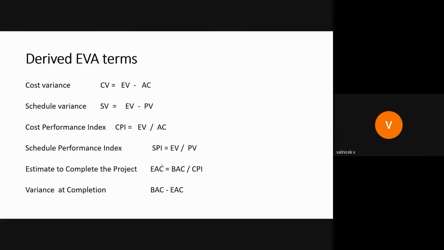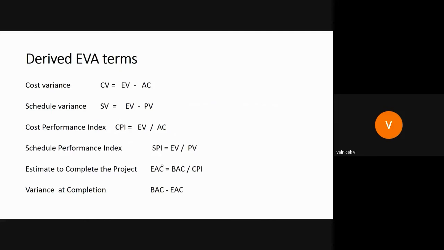So when the cost performance index is equal to 1, that means that we are exactly where we should be in terms of cost spending. And schedule performance index, if it's equal to 1, that means that we are exactly where we should be in terms of time or schedule.